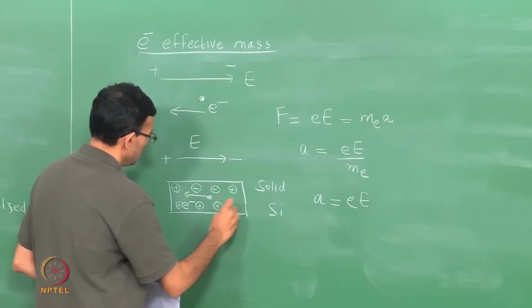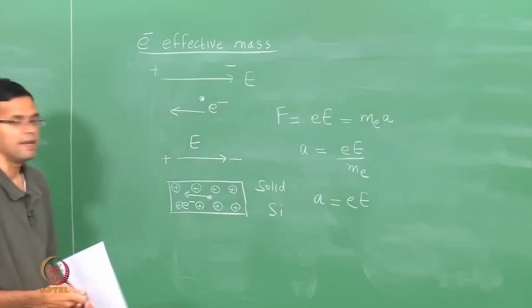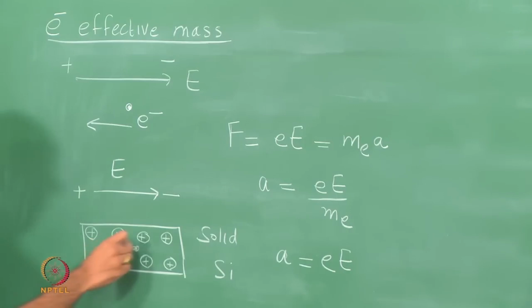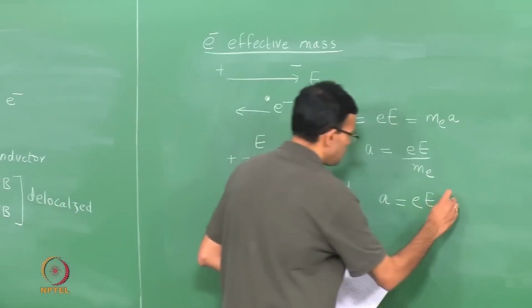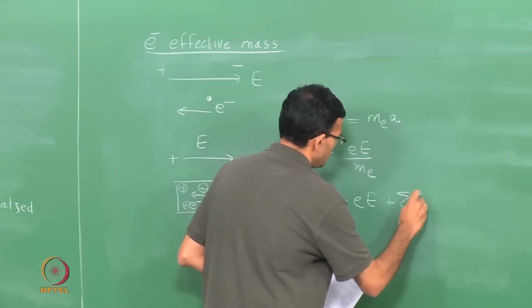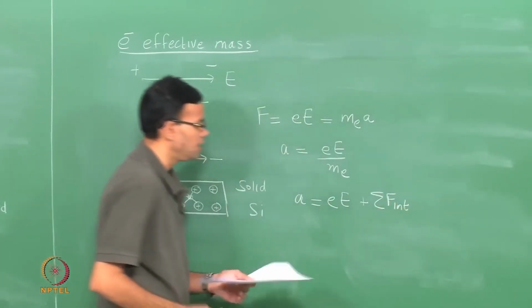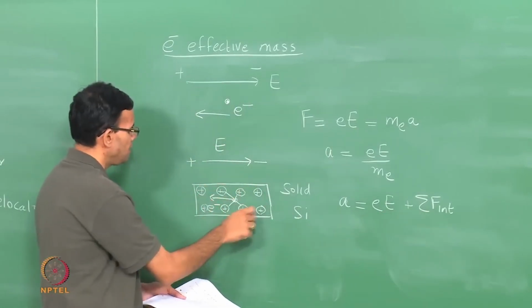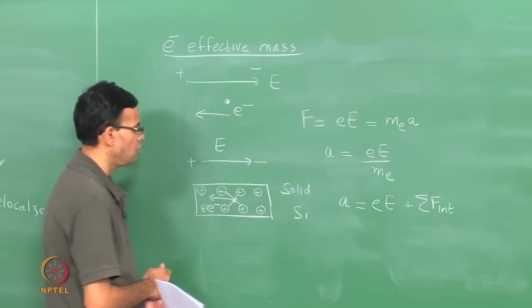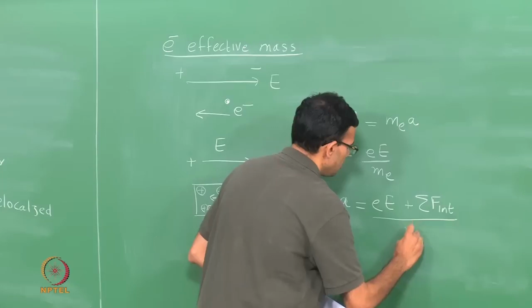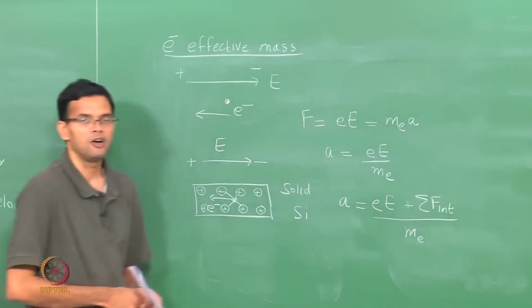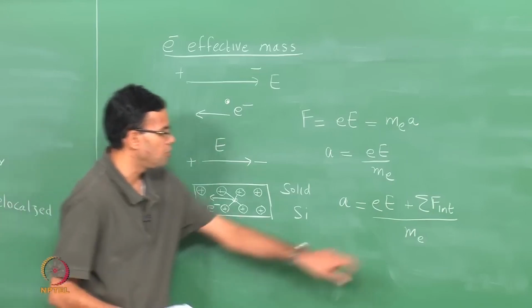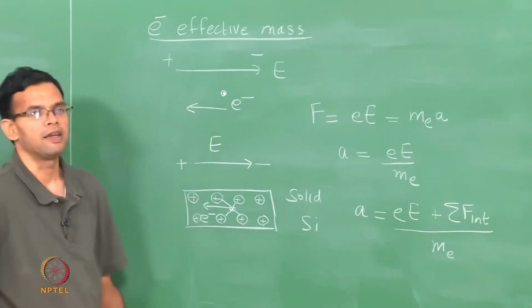And an electron can feel the influence of all of these atoms. So, you not only have an external field, you also have an internal field. This we will write as the sum of all the internal fields. So, F internal reflects the effect of all the atoms on the electron that is moving in a solid. So, the acceleration now is complicated because you also have to take into account the effect of the atoms.